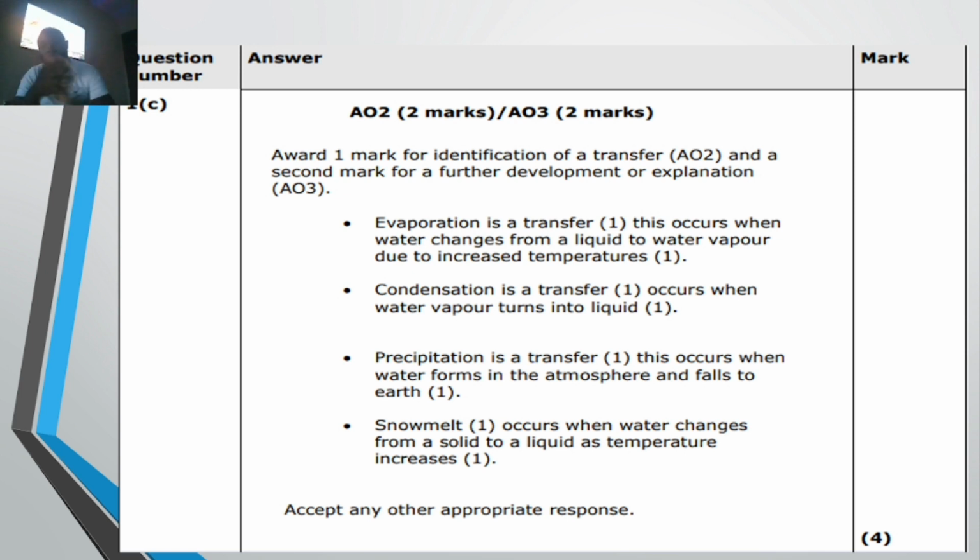Snow melt is also a transfer. Okay, remember snow is a store, but now when it's melting, it's kind of a transfer. It occurs when water changes from a solid to a liquid as temperature increases. So by that you'll have explained this. So you pick, one mark.